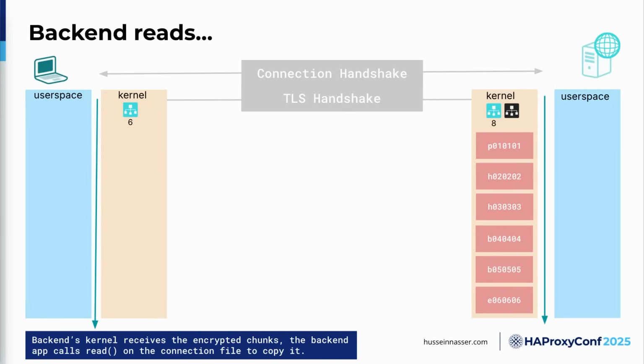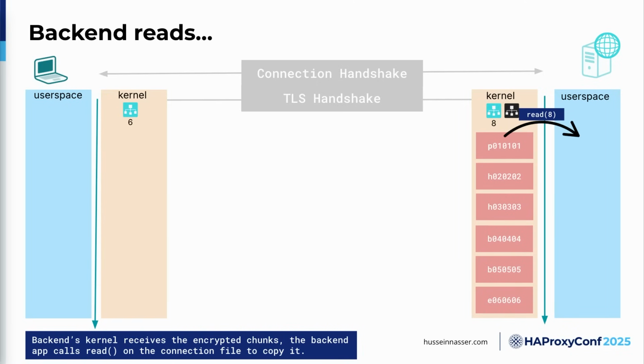To be more specific, that data lives in what we call the receive buffer of the kernel, of that TCP connection. Every connection you create will have two things, a send buffer and a receive buffer. In this particular case, all this data lives in the receive buffer, and the kernel will keep it there until the client, in this case the backend, calls read, purges it from the receive buffer, and copies it to the application.